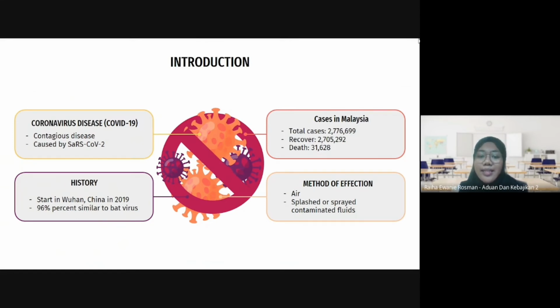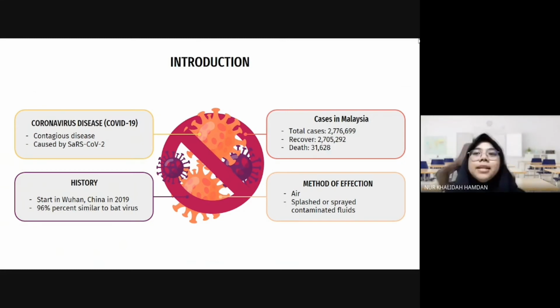The total number of cases in Malaysia has increased to about 2,776,699, with 2,705,292 recovered and 36,628 died. Malaysia once achieved zero local cases in July 2020. However, the attitude of some Malaysians for not following SOP has made the cases rise until today. For the next slide, I will pass it to Khalida.